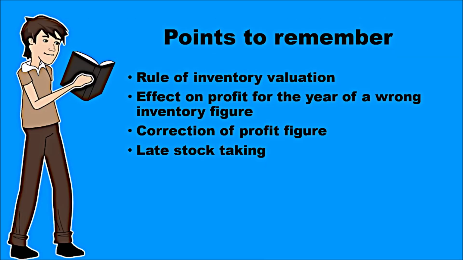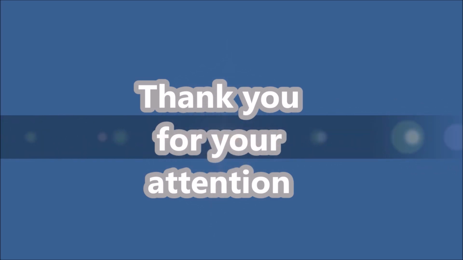So in the combined two lessons, part 1 and part 2 in inventory valuation, what we need to remember: the rule of inventory valuation, the effect on profit for the year of a wrong inventory figure, the correction of profit figure, as well as late stock taking. Thank you for your attention.